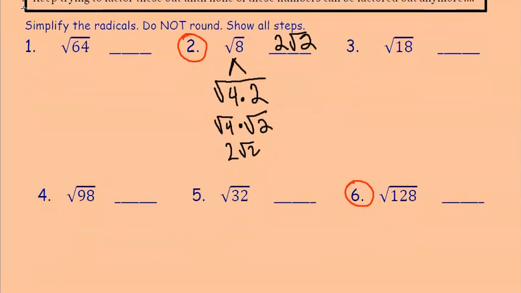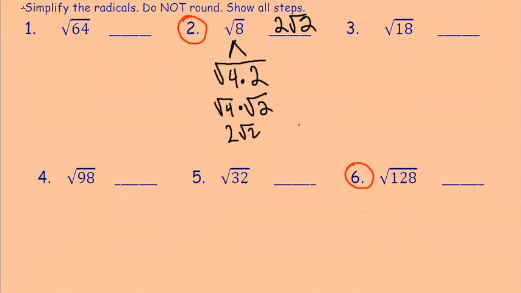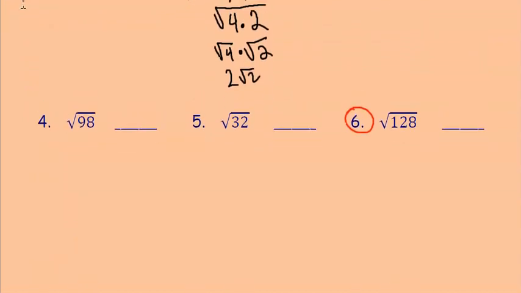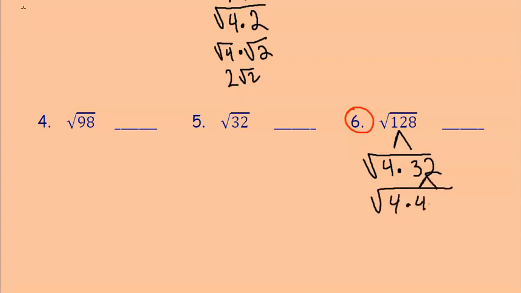Now let's look at number 6, the square root of 128. So we want to try to take out a 4. If we divide 128 by 4, we get 32. 32 could also have a 4 factored out of it. That's 4 times 8. 8 also has a 4.